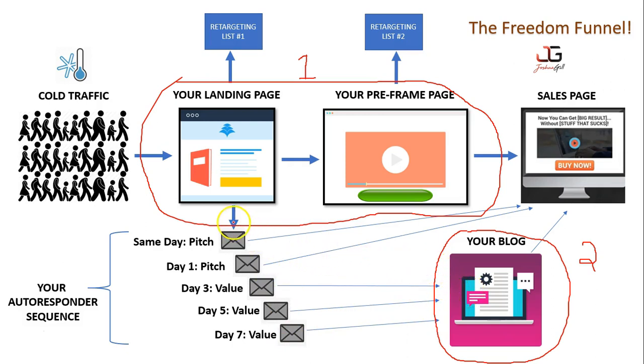Then we're going to be talking about your autoresponder sequence. That's going to be in video 3. I'm going to be talking about some key points in that, what you would need to discuss if you're in a business opportunity or whatnot. If you have an opportunity or something you're selling, place that in a comment.